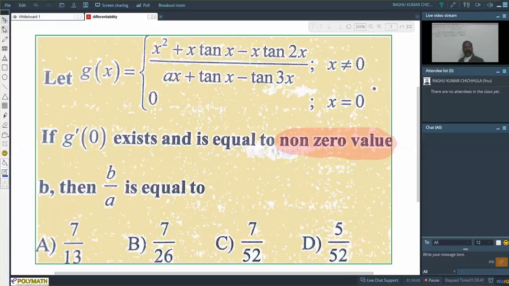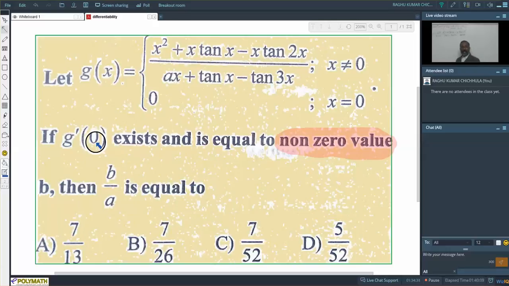So it is a piecewise function defined like this when x is not equal to 0 and defined to be 0 when x is equal to 0, and it is clearly given that g dash 0 exists and is equal to a non-zero value b. Then we want the value of b divided by a.